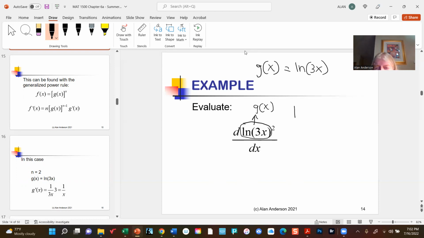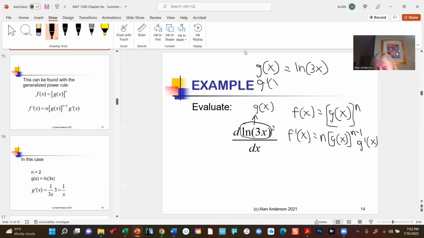So remember the way this rule works: if f of x is g of x to the nth power, f prime of x is n g of x to the n minus 1 power times g prime of x. So here we have to be careful because now we have to differentiate log 3x, not just log x, but log 3x.